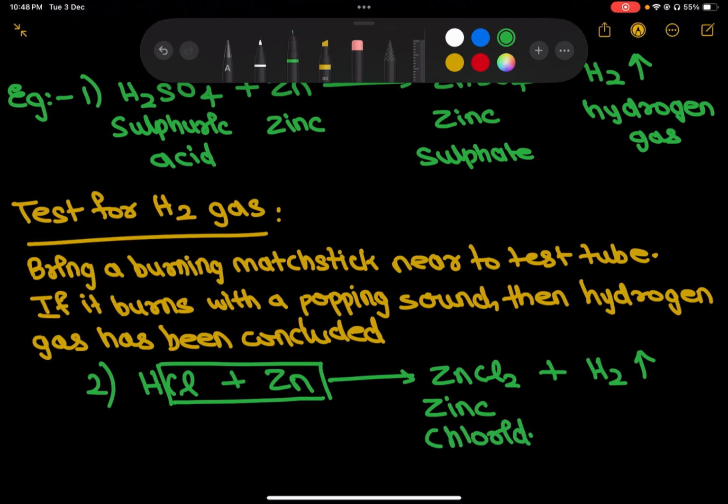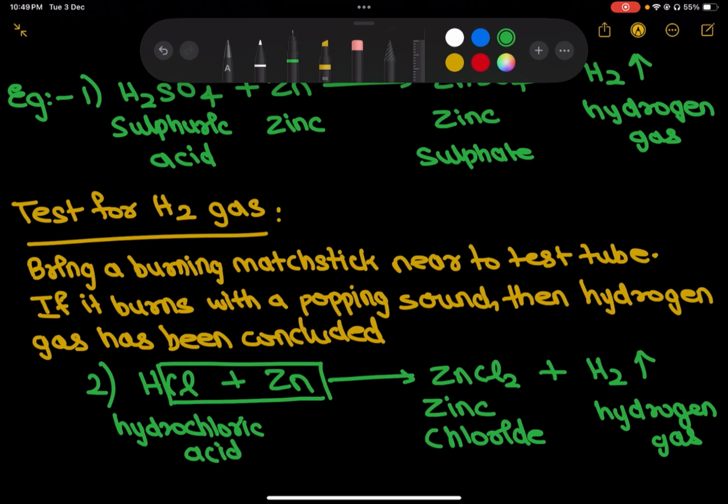This is also a salt. This is the same hydrogen gas which has been evolved, correct? This is HCl. HCl is hydrochloric acid, and zinc is Zn. Correct? So this is another example of the same acid metal reaction.